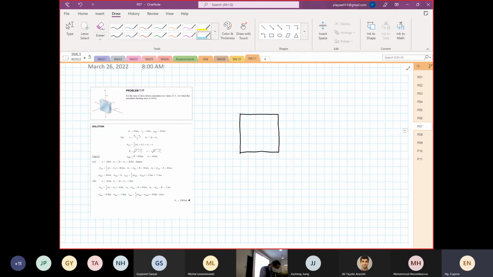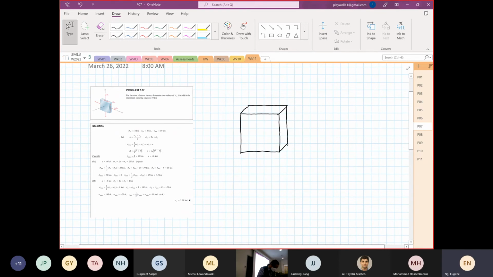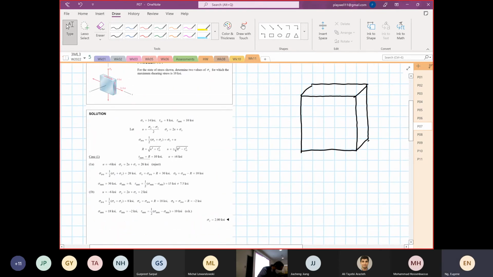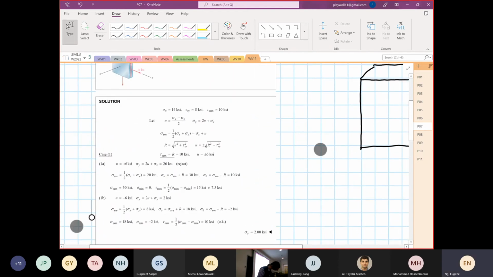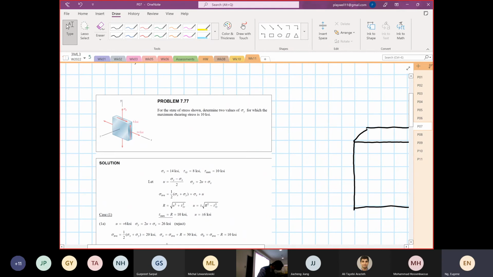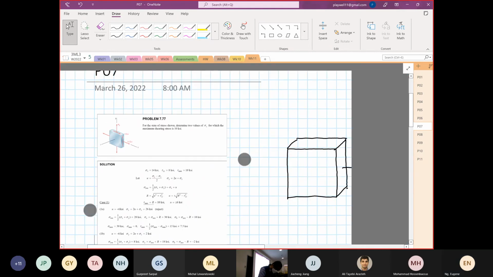Okay. So 3D. So this question states that we have a tensile stress of 14 KSI. And then we have a shear. I think the shear is what? I can't see. The shear is 8, right?